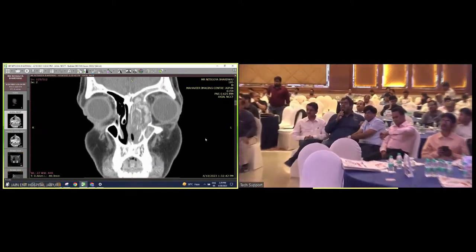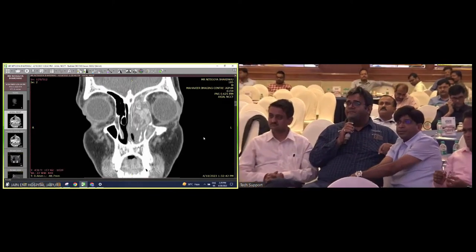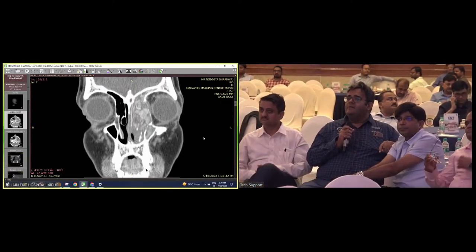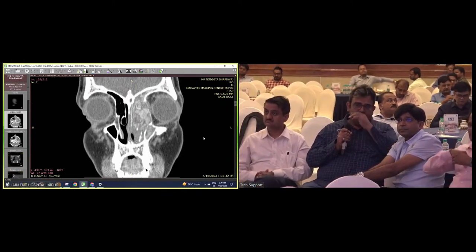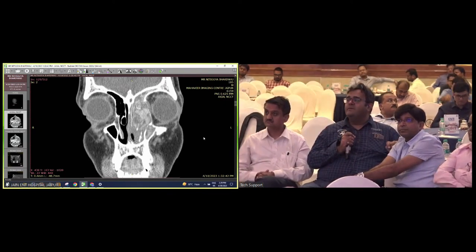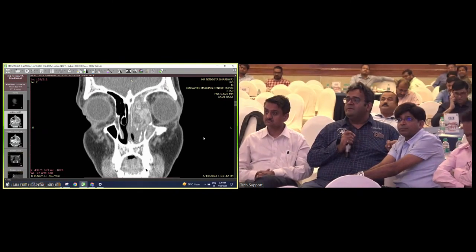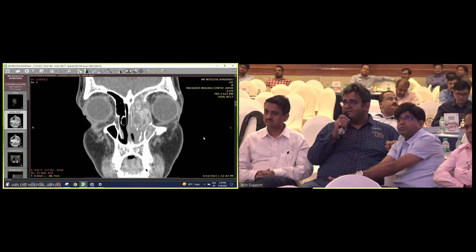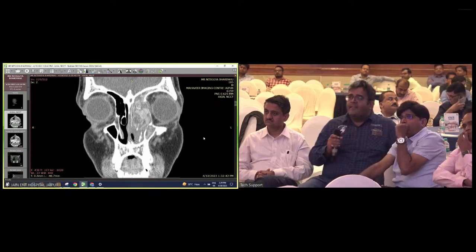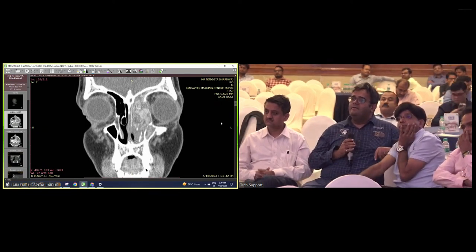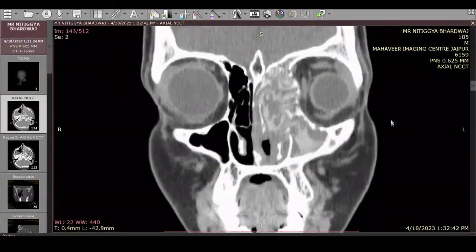So this is the first case, as we have seen as one of the endotypes today, a young child, 12-year-old child with unilateral allergic fungal rhinosinusitis. Classical young male unilateral disease.